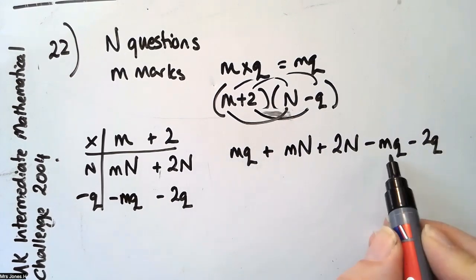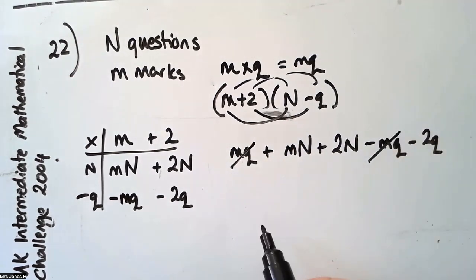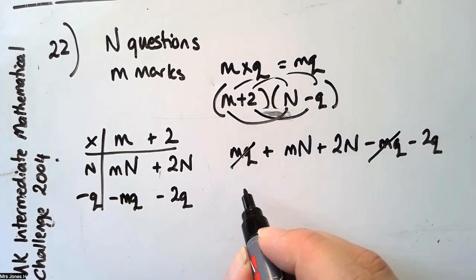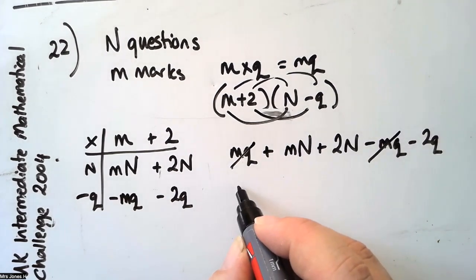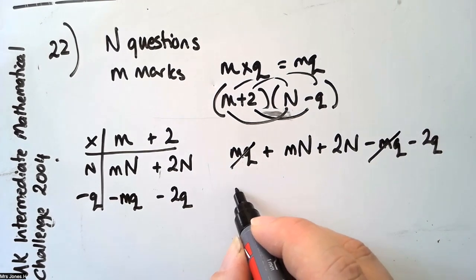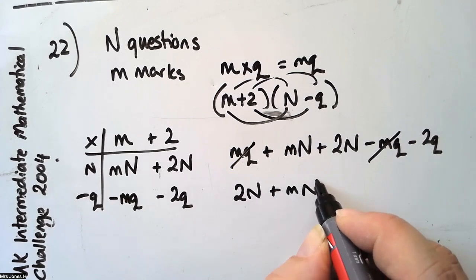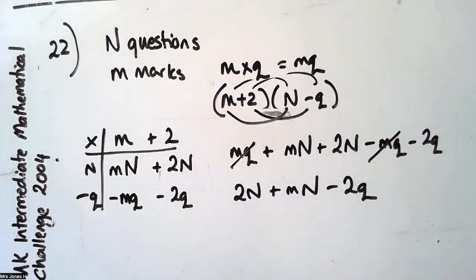So I've got an mq there, subtract mq, so I can actually just subtract both of those. And then I've got those 3 terms there. So I'm going to do 2n plus mn subtract 2q.